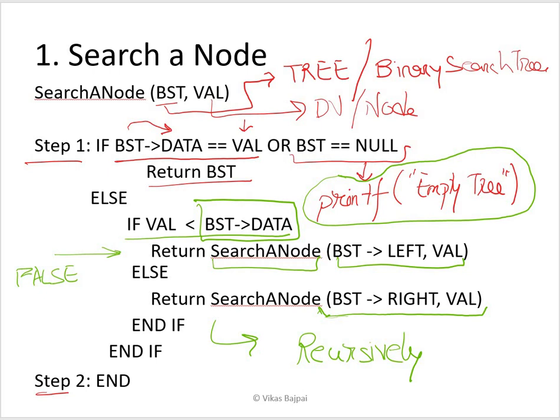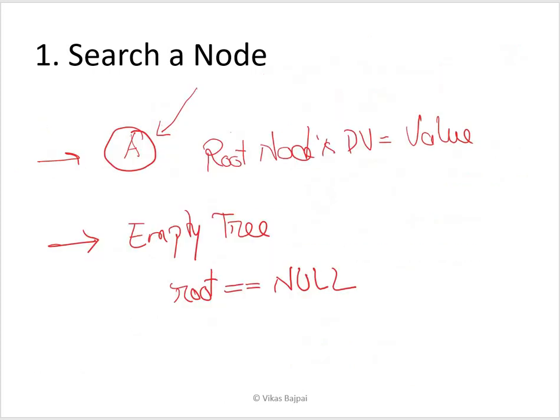You have to stick to the funda that in case of searching a node, what I'm supposed to do is, firstly we have to check whether the binary search tree is empty or not. If the binary search tree is empty, then of course the search is unsuccessful and I'm going to print this particular thing. If the search tree is not empty, then we compare the value of the root node. That's what we were doing, right?